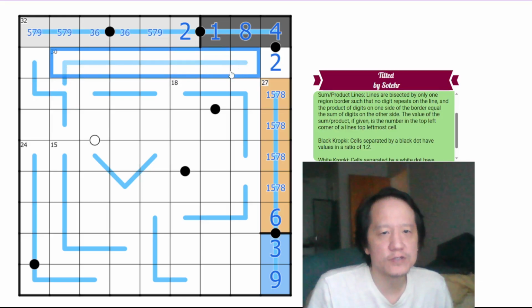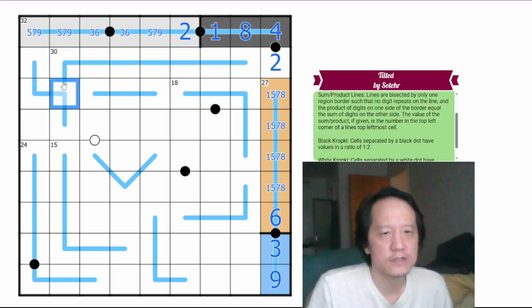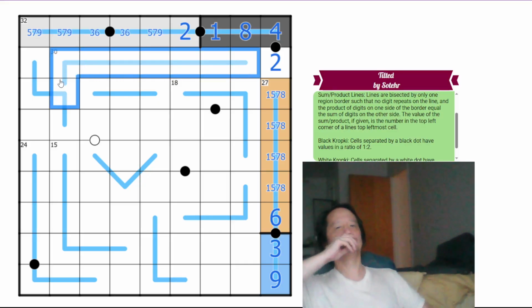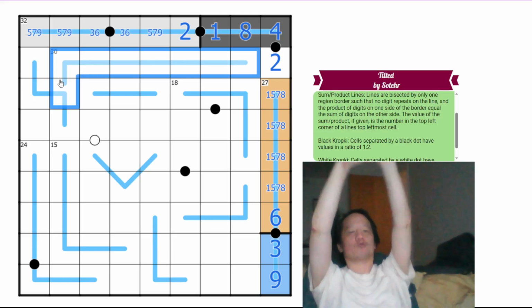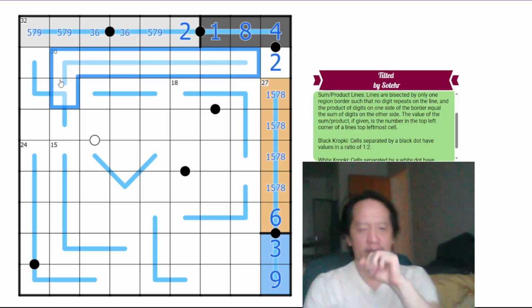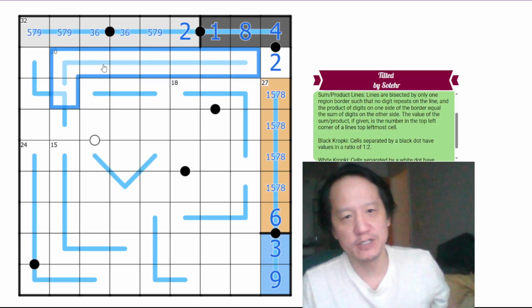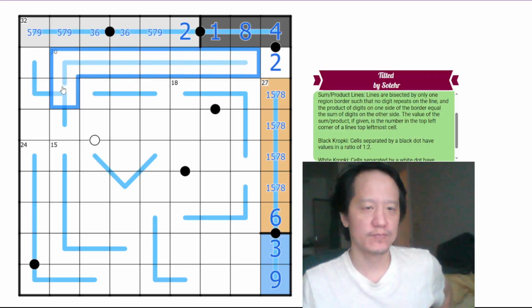One of these sections adds up to 30. So we need a guaranteed 5. And we're missing one digit on this line, because we have 8 digits on the line.